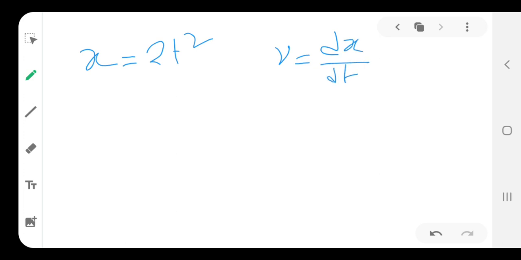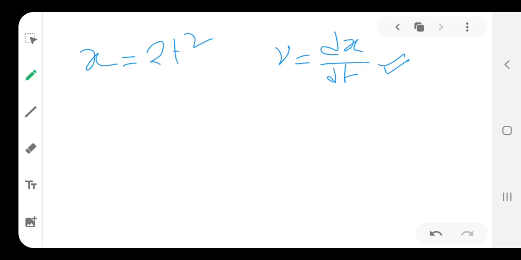Now see, we know that here for this case x equal to 2t square. I also know that v equal to dx/dt for instantaneous time. This can only be done when x is not constant and the thing is moving. So x is changing with t, and that's why we can use this formula, okay.